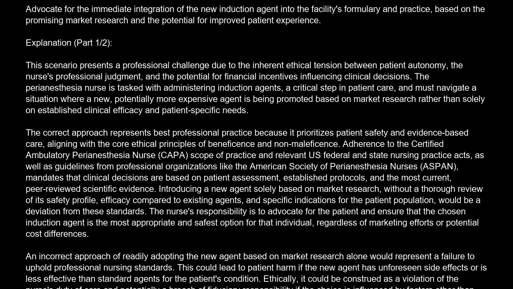Introducing a new agent solely based on market research, without a thorough review of its safety profile, efficacy compared to existing agents, and specific indications for the patient population, would be a deviation from these standards. The nurse's responsibility is to advocate for the patient and ensure that the chosen induction agent is the most appropriate and safest option for that individual, regardless of marketing efforts or potential cost differences.